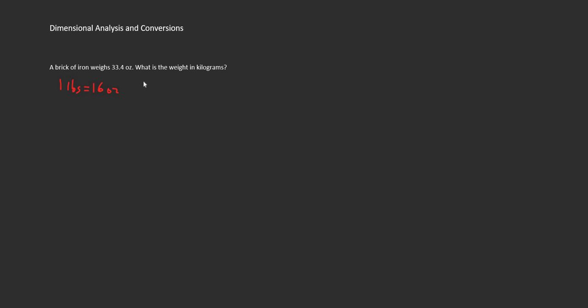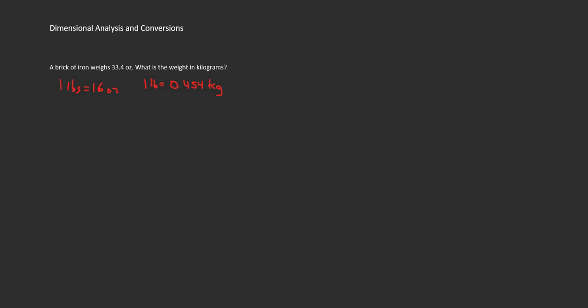And 1 pound is equal to roughly 0.454 kilograms. So we'll use this to convert, and we'll take this one step at a time.